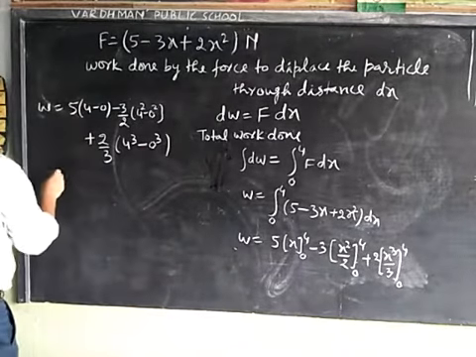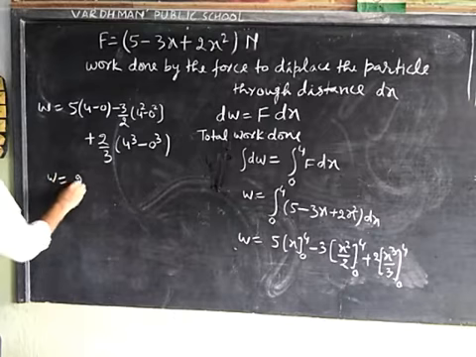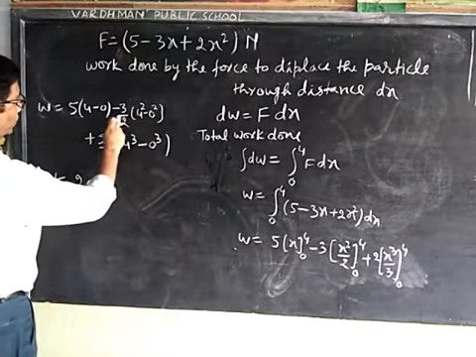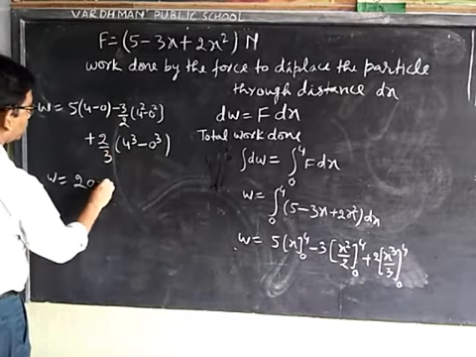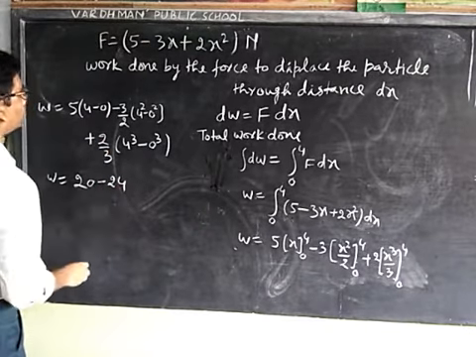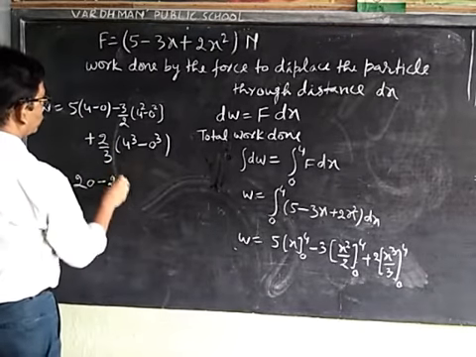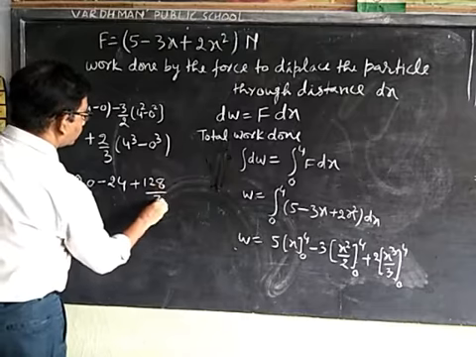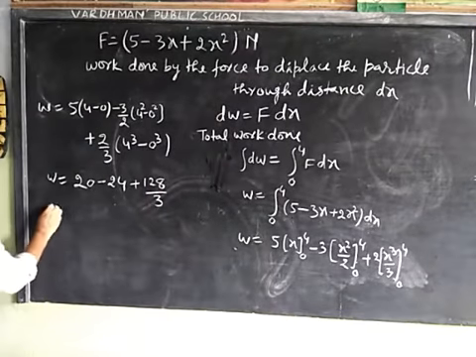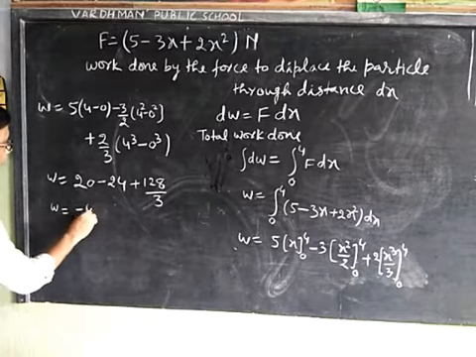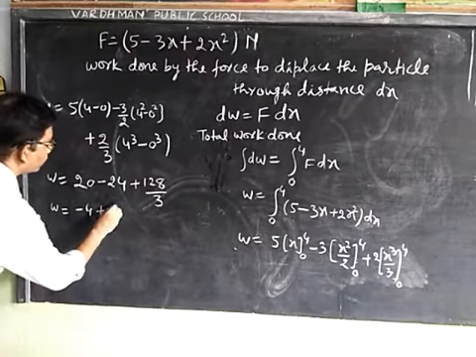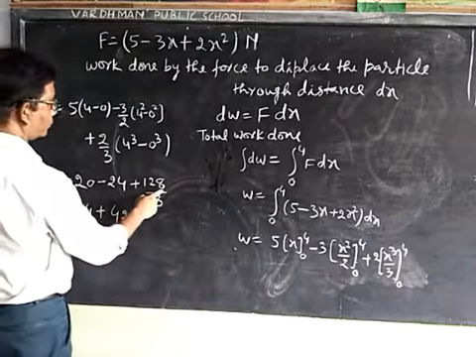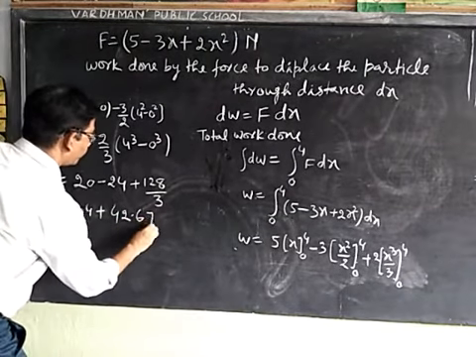That is 5 into 4 is 20, plus 16 into 3 is 48 divided by 2, that is 24, plus 64 into 2 is 128 upon 3. That is W is equal to minus 4 plus 0.67.